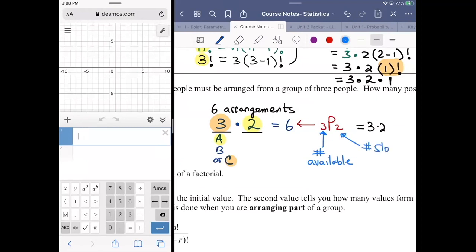Number of slots. And I'll actually be a little bit more specific. I'll write the individuals. I don't want to say people, even though oftentimes individuals implies people.